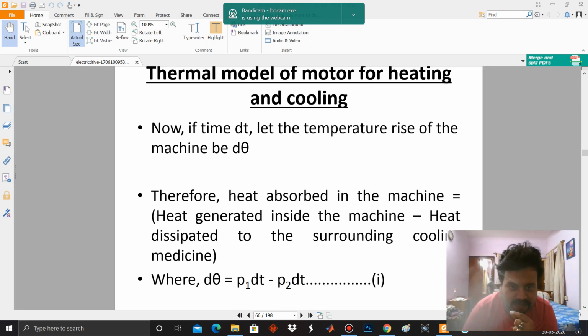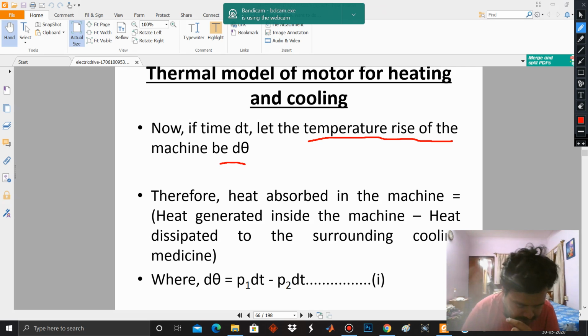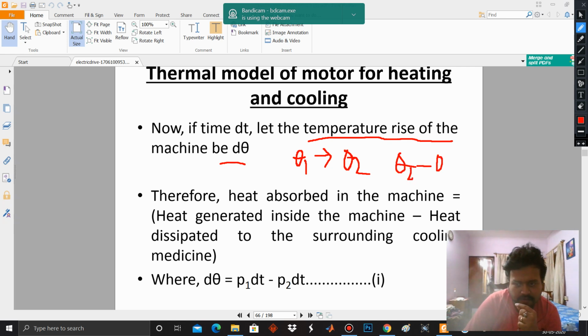Now in time dt, let the temperature rise of the machine be d theta. Suppose initially the machine was operating at a temperature of theta 1, and now after time t it is operating at a temperature of say theta 2. So theta 2 minus theta 1 is equal to d theta.